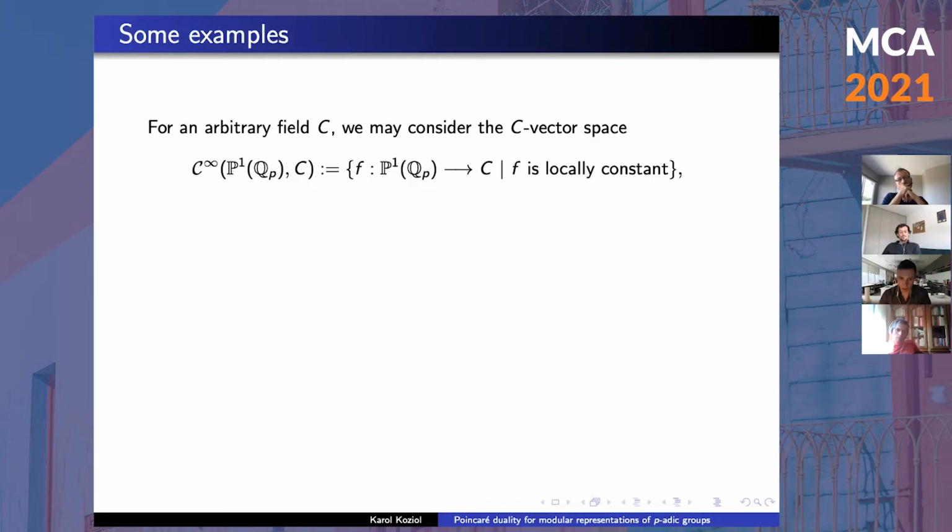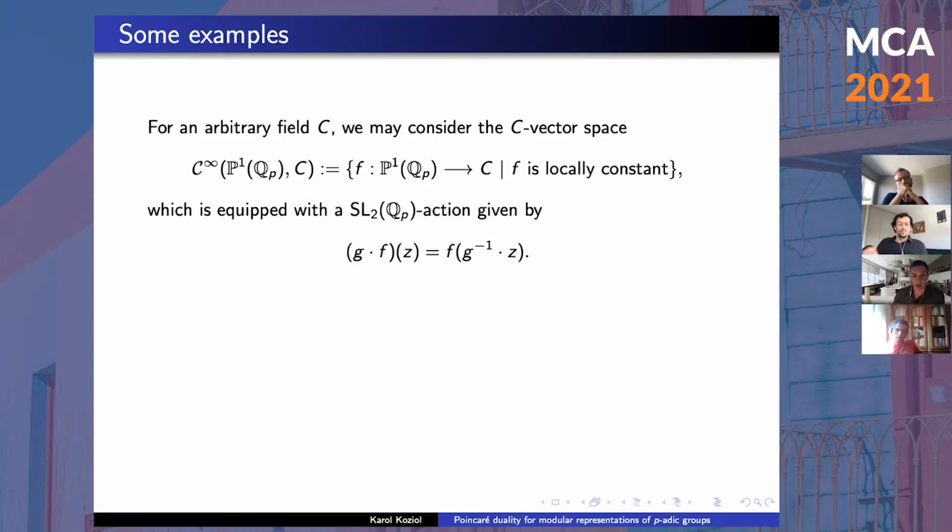So that's what I'm going to do. Since I've essentially dualized the picture, I get an action of SL2(Q_p) on this vector space of functions by acting by g inverse on the argument. So the element g from SL2(Q_p) acts on a function by acting on the argument by g inverse.